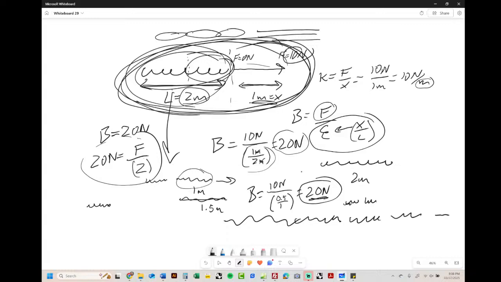So this means if I have some spring and I stretch it a distance x, this would have to be 1/2 x. If I stretch it twice its original length, then I have a strain of 2, and the force has got to be 40 newtons. So anytime you double the length of this spring, it's 40 newtons.